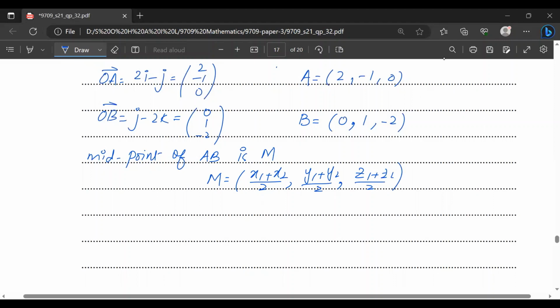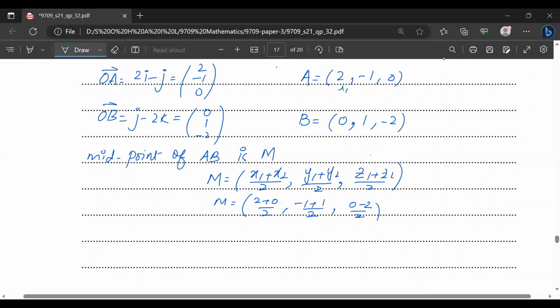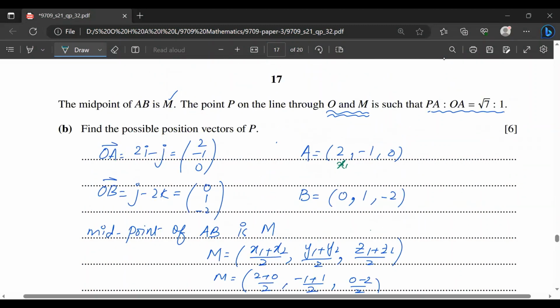So the midpoint is 2 plus 0 over 2, minus 1 plus 1 over 2, and 0 minus 2 over 2. Here x1, y1 and z1 are the coordinates of A, and x2, y2 and z2 are those of B.